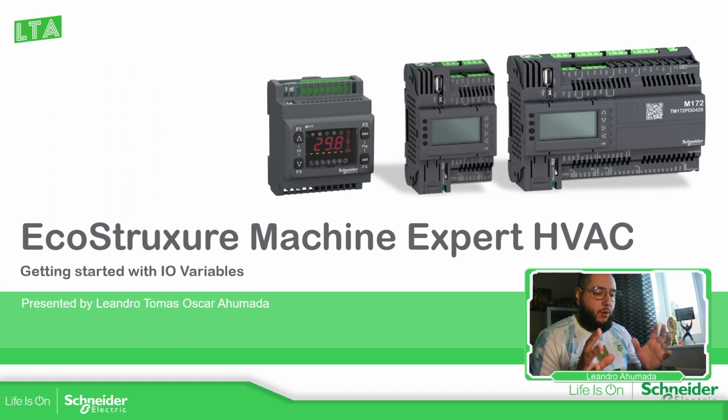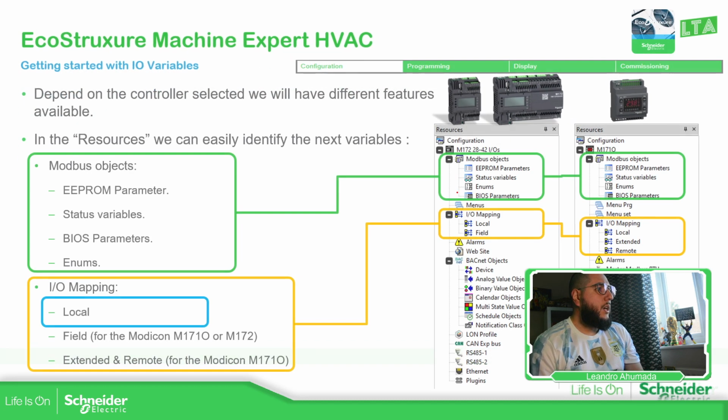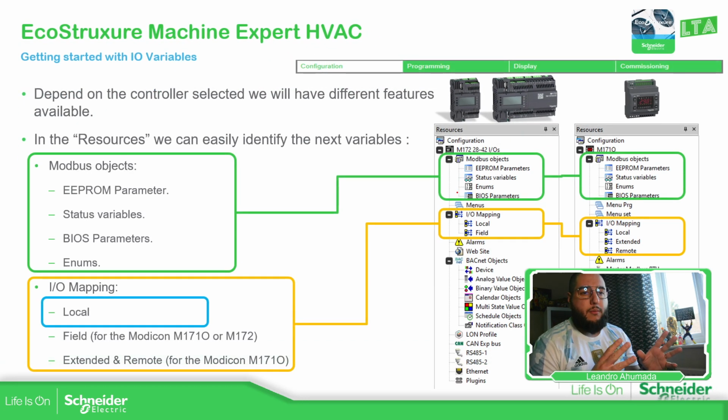So the idea is to have an overview of how to use the different inputs and outputs in the software. It's just a quick introduction, probably with a lot of information. We have already seen that when we create the project in the EcoStruxure Machine Expert HVAC, we have different tabs.